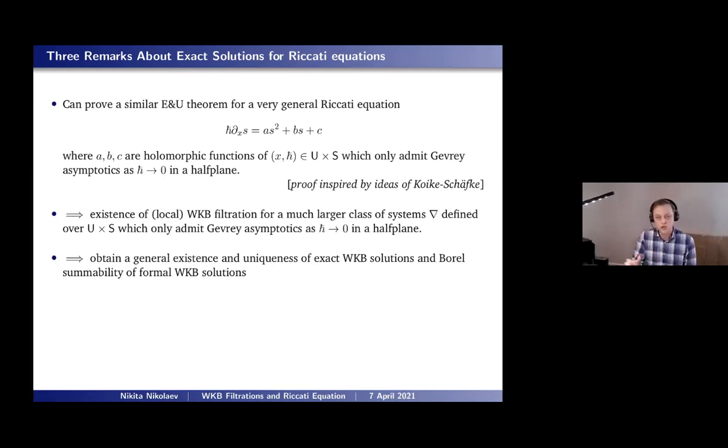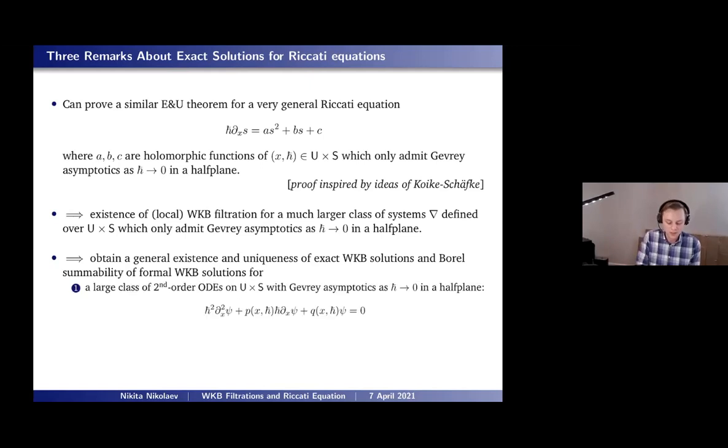But not just the Schrodinger equation, actually much more general things. On the one hand, you could say that I'm able to cover all second order ODEs, not just in the Schrodinger form, and moreover, the coefficients may be really quite general.